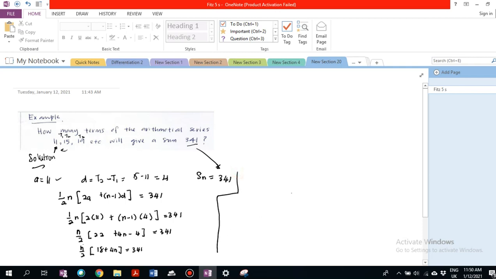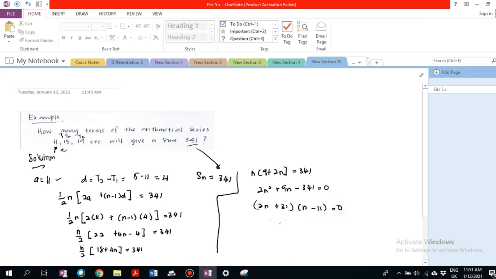Okay, so here you will get n times 9 plus 2n is equal to 341. So you will get 2n squared plus 9n minus 341 equal to 0. Here you factorize to 2n plus 31, and n minus 11 equal to 0.